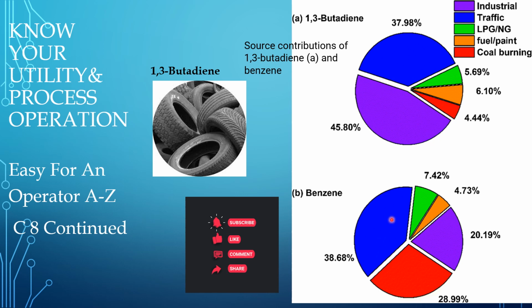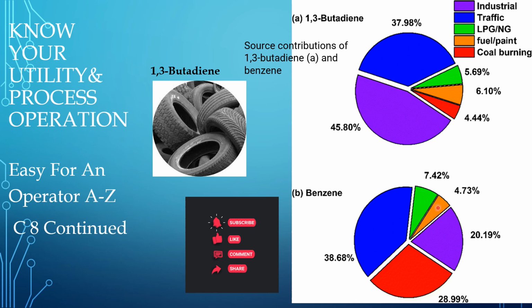And this one is benzene. You can see the benzene exposure in traffic because of the gasoline, because benzene is available in gasoline, and this is because of LPG and natural gas usage.